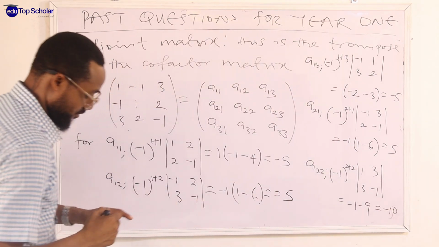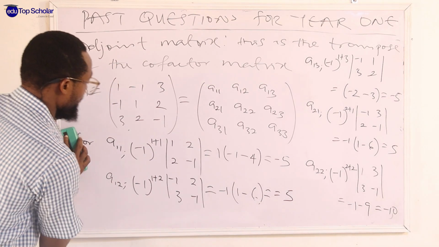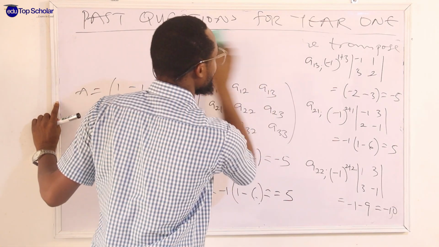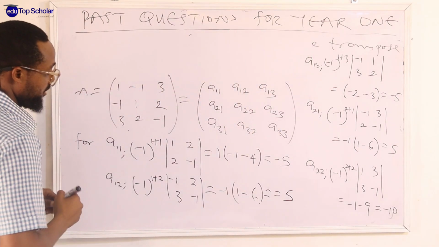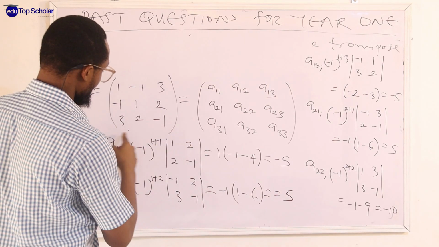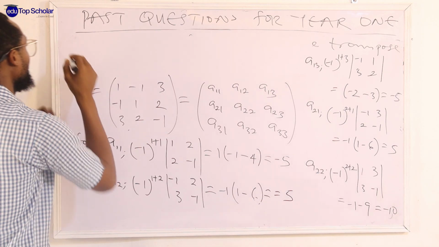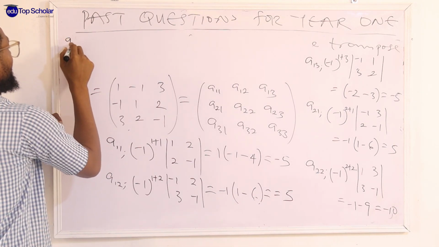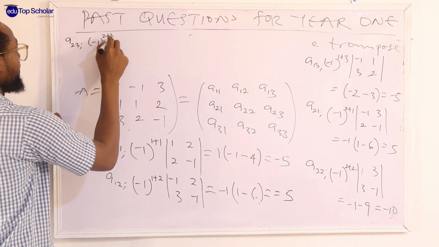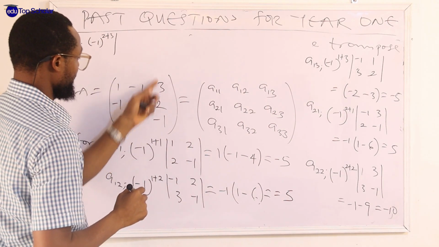I think I should use up here as well, because I still need all of this. I've done A22 now. For A23, we have minus 1 raised to power 2 plus 3 multiplied by, this is A23, we delete this and this.